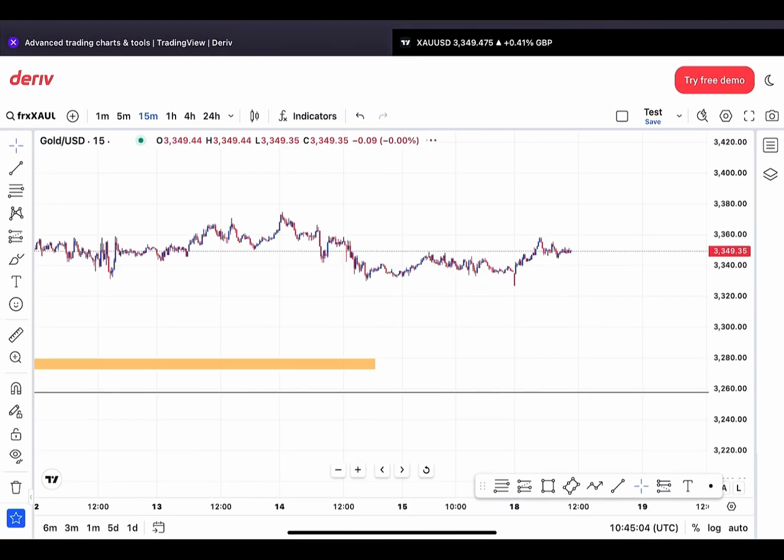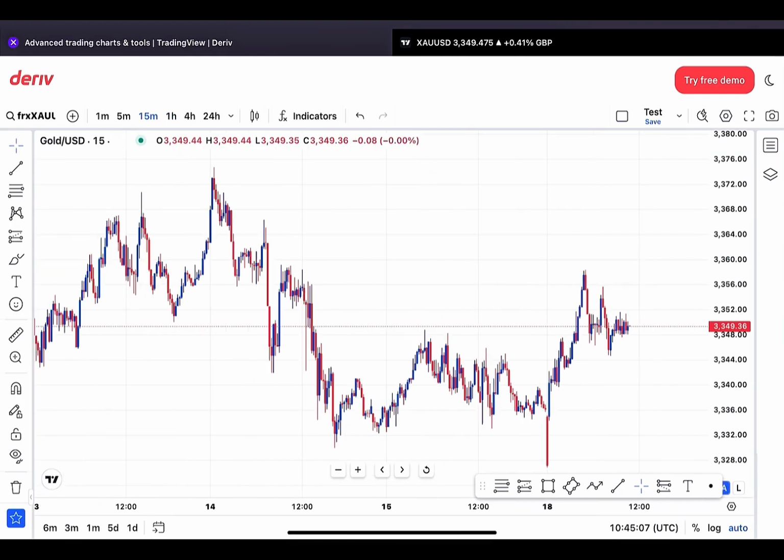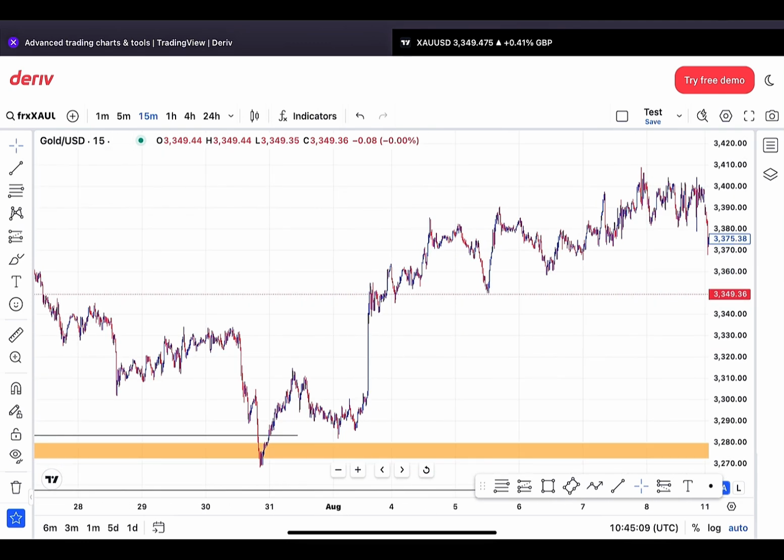Go to the lower time frame. I usually trade on the 15-minute time frame whenever I want to trade on the lower time frame.